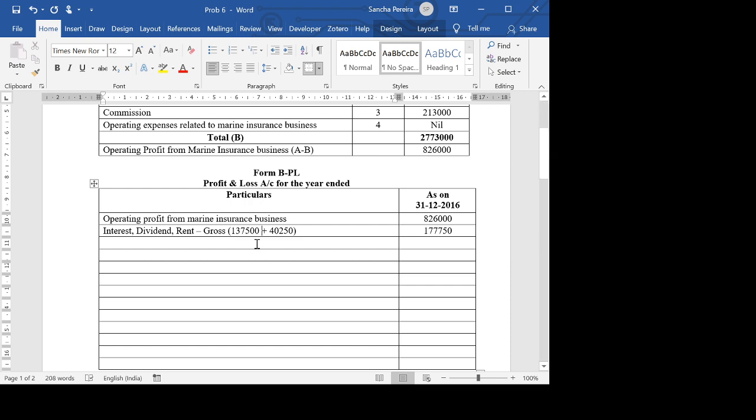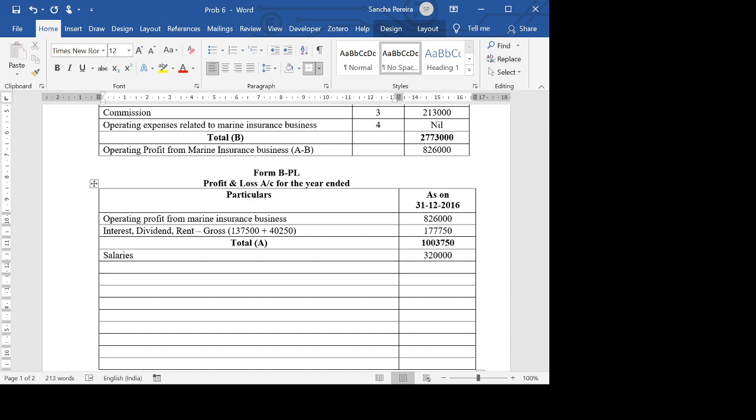Okay, so we get the total of A here. Now our total income, there's no other income, which comes to 8,26,000 plus 1,77,750 comes to 10,03,750. Now we show all our expenses. So first we have salaries, which is 3,20,000.